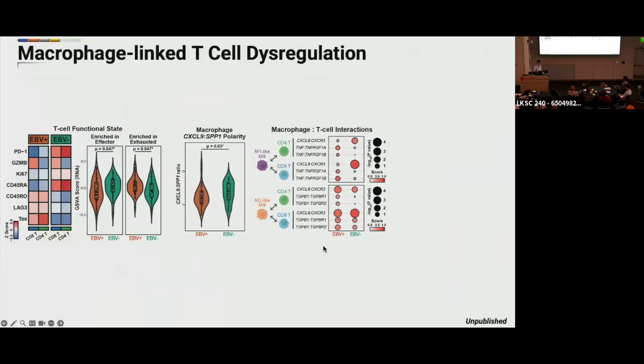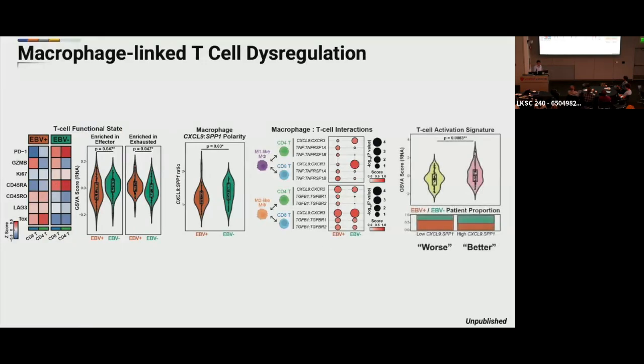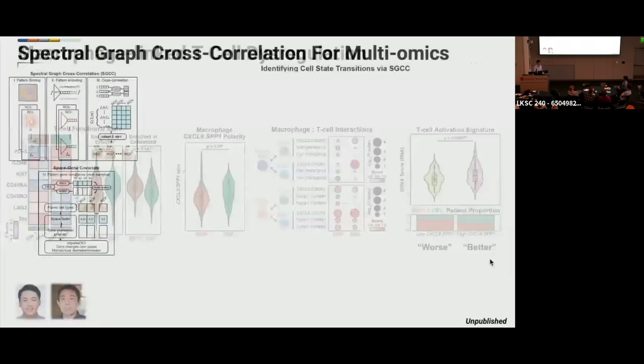With this case, you can start looking at these different communities that are specific for either the positive or the negative, and then associate that again to a worse or better sort of outcome. And I'm using this quote unquote because we don't have clinical outcome here. We only know whether they're EBV positive or negative, but the T cell activation and links to macrophages are quite impeccable. You have a lot more activation within the EBV negative and a lot less activation within the EBV positive.